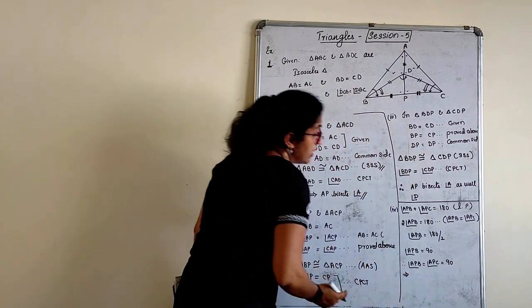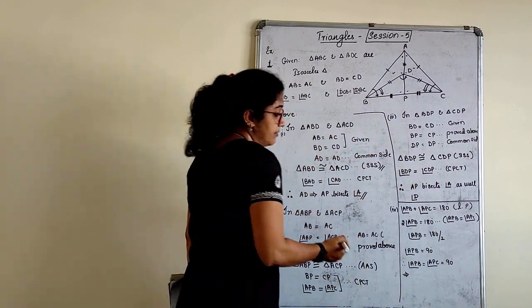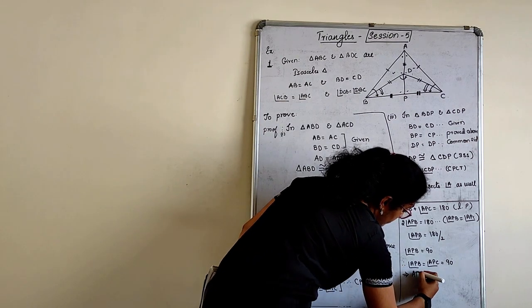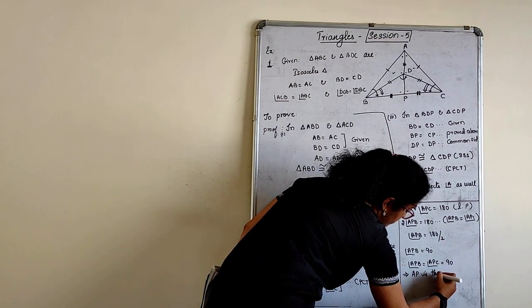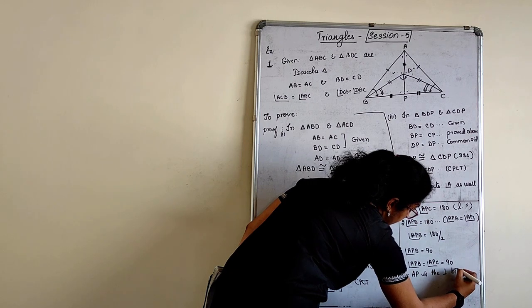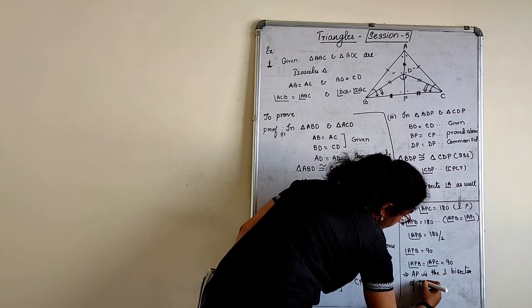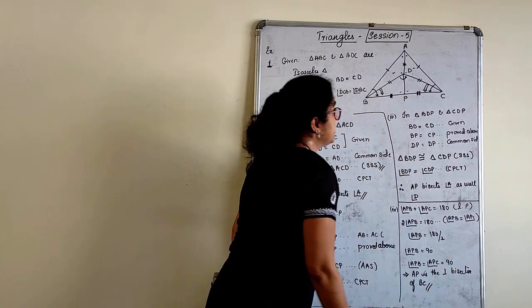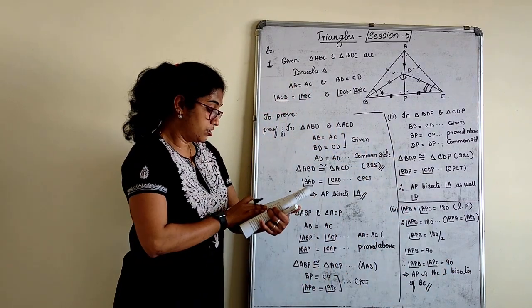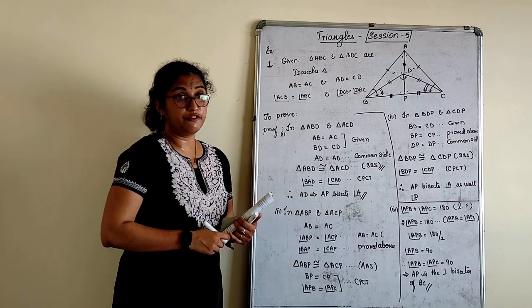This implies AP is the perpendicular bisector of BC. Right? Thus AP is the perpendicular bisector of BC.